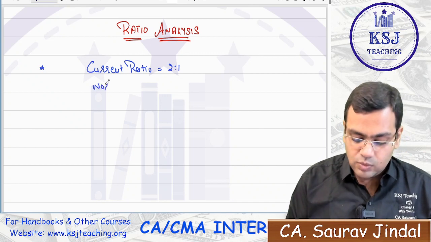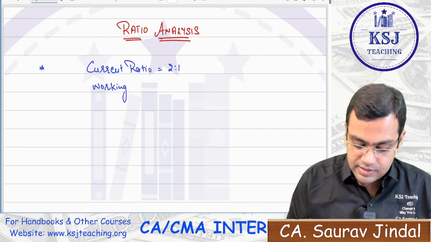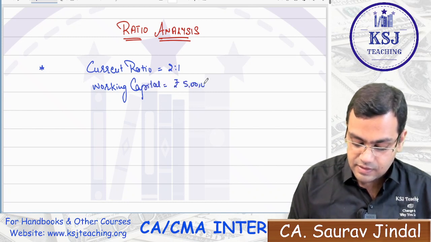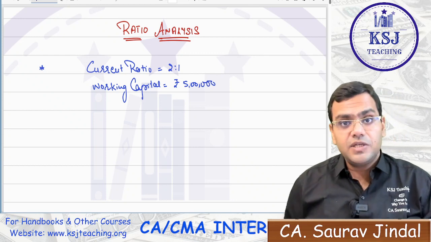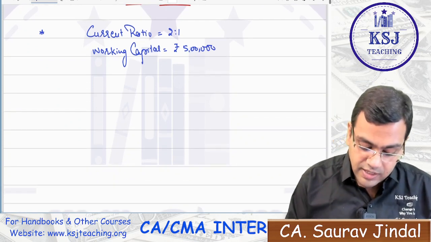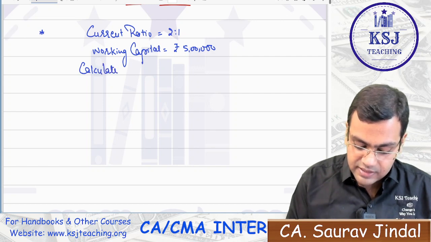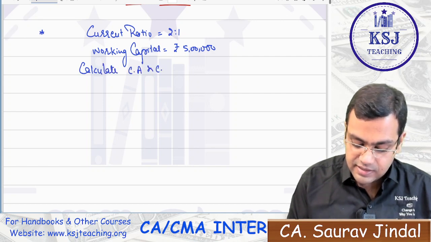Then he says that working capital is equal to rupees 5 lakhs, right? This is the information that is there in the question, and you are required to calculate current assets and current liabilities.